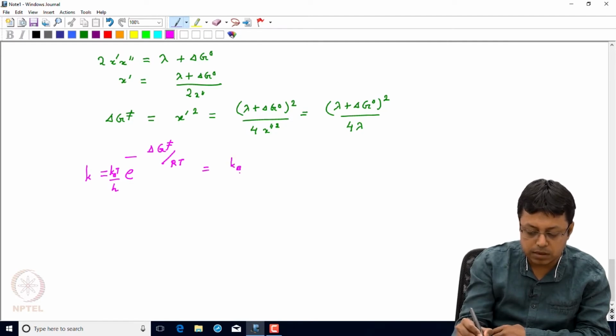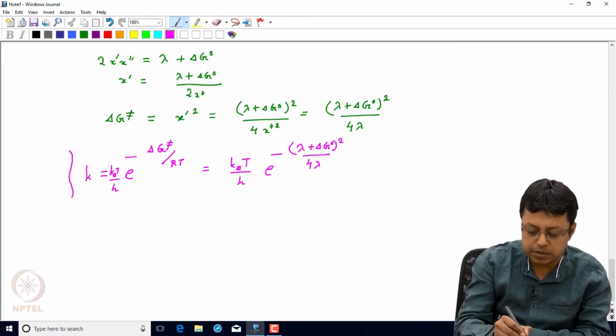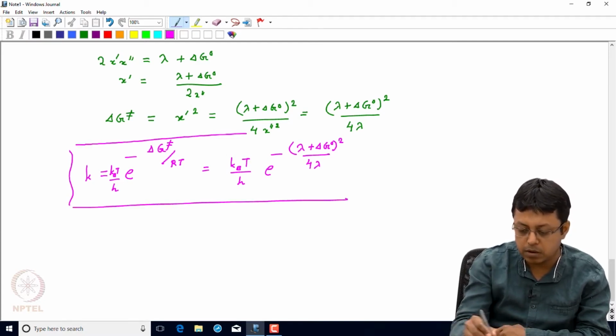So this is nothing but KBT by h e to the power minus lambda plus delta G0 squared divided by 4 lambda. So this is the expression we get for Marcus theory.